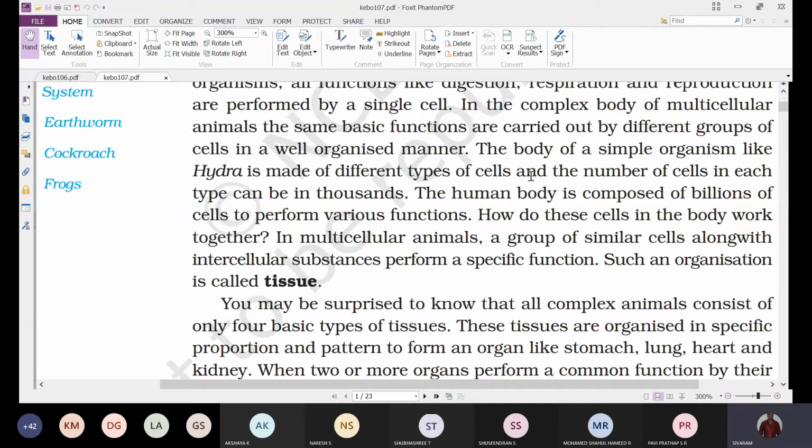But when it comes to complex organisms like human, the human body is composed of billions of cells to perform various functions. That means each function is carried out by some billions of cells.